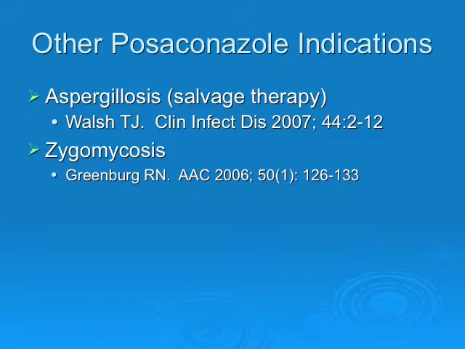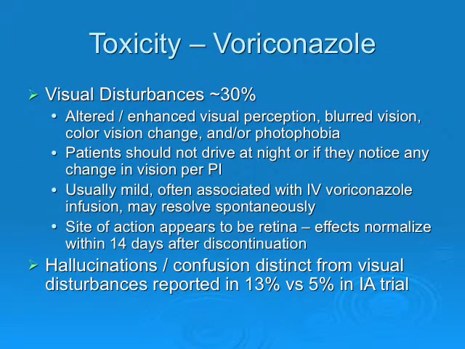And due to lack of time, I won't go through these studies in detail, but if there are questions later, I have some cheat slides there at the end that I can hit. The zygomycosis data is the most impressive, whereas the aspergillosis data, I just had to mention that voriconazole wasn't really available when they did that study.